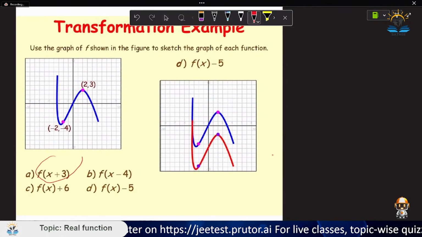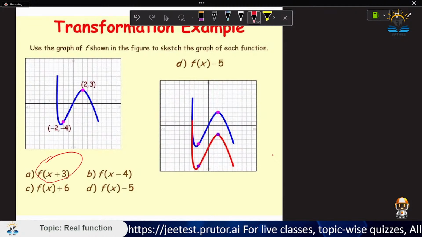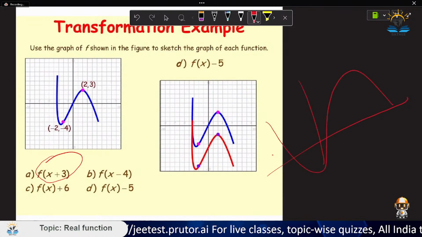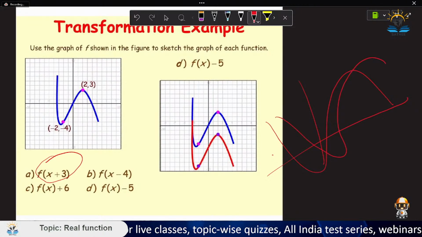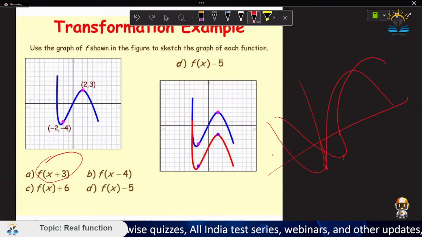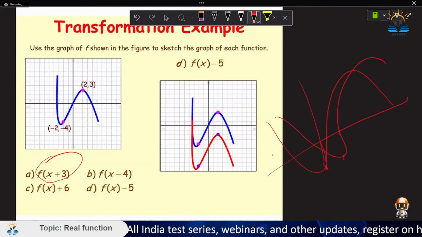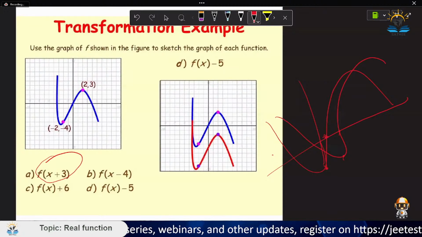If we are changing the value of the input here, the new graph would look like this. Because at 0 it looks like this, but now at x plus 3, you'll get the 0 value here. Am I correct? No, no, it's wrong.